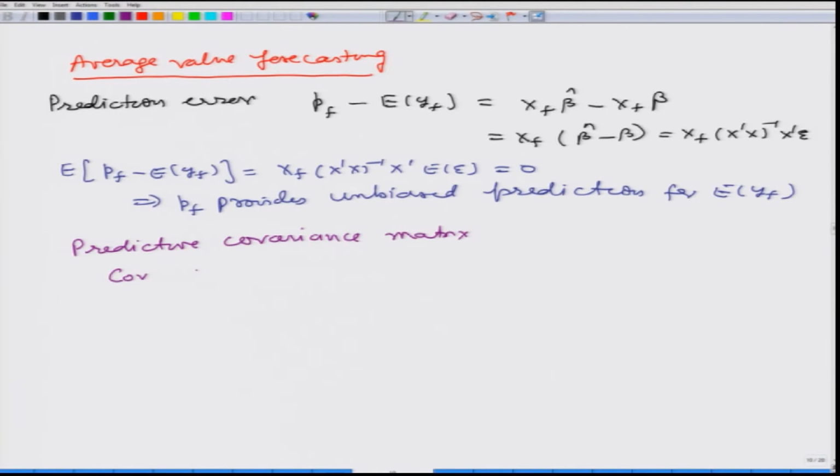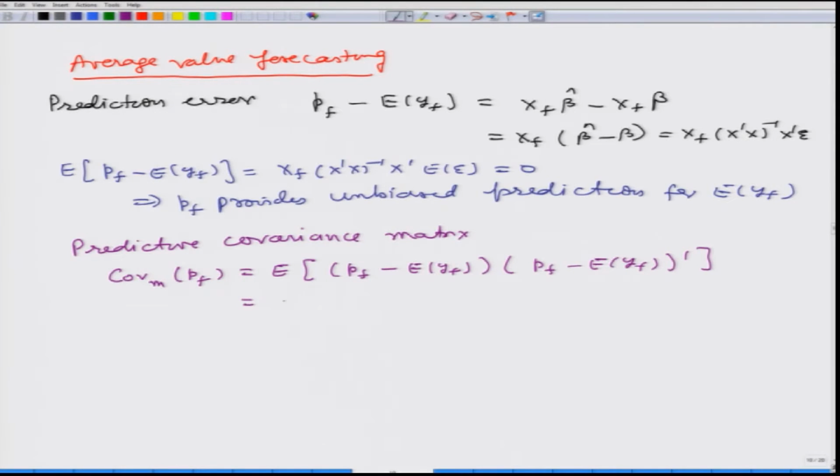This is defined as the covariance of Pf when it is used for mean value, denoted by m, and this is the expected value of (Pf minus expected value of Yf)(Pf minus expected value of Yf) transpose.